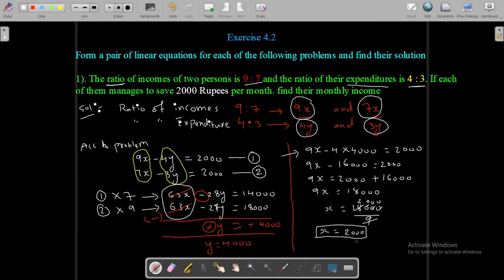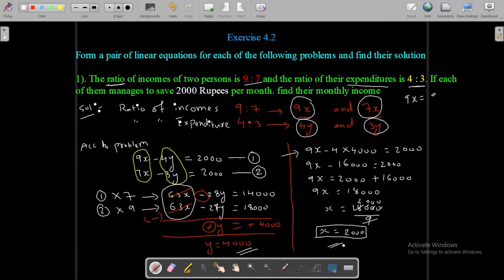So here I got the values of x and y. Now I have to substitute these values. The income of the first person will be, according to the problem, 9x.